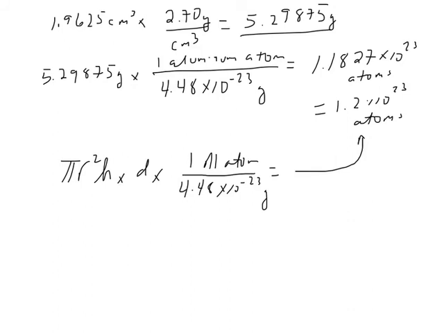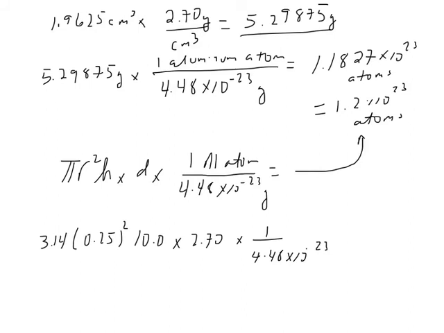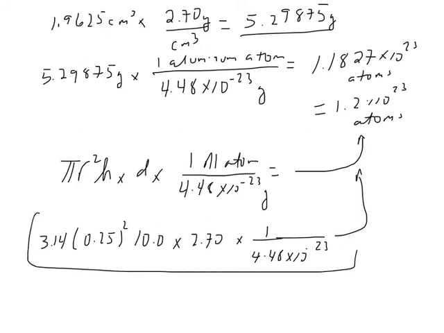All I have to do is 3.14 times 0.25 squared times 10.0 times 2.70 times 1 over 4.48 times 10 to the minus 23, and I can do the whole problem in one line, instead of the 5 lines it took me to do it piecemeal.